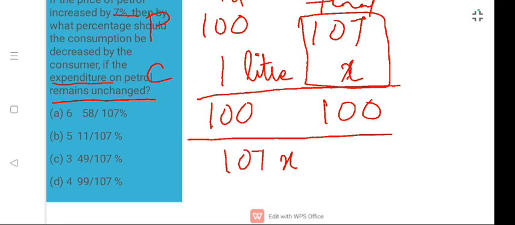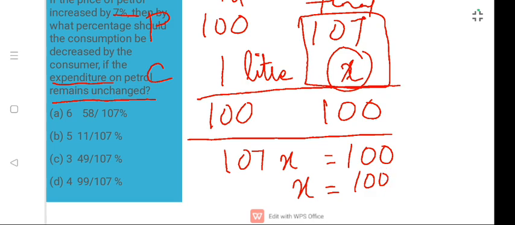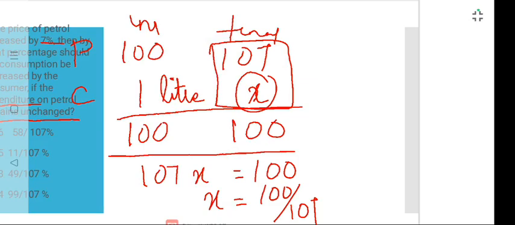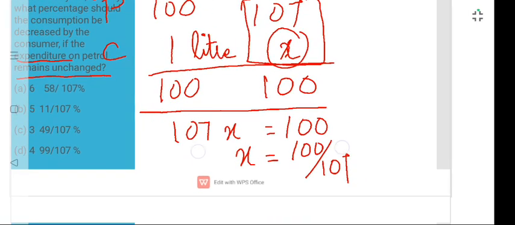The price of the petrol is 107 and he consumed x liters. So 107x should be equal to 100, so x equals 100 by 107. So this is the final consumption, 100 by 107 liters.